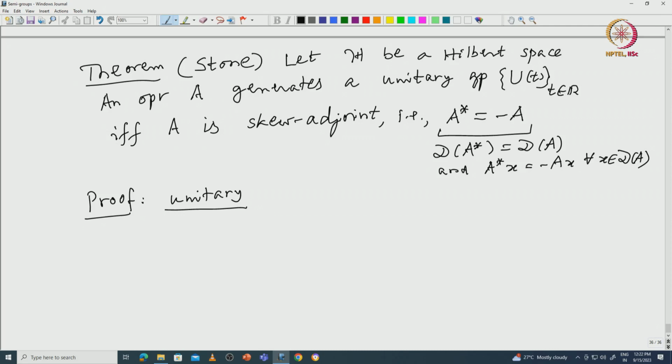So, unitary means U of minus t is the same as U of t inverse, and this is just U star of t. Okay, so this is unitary.